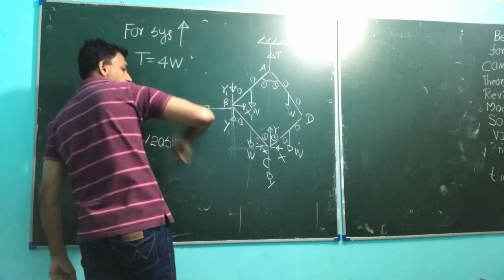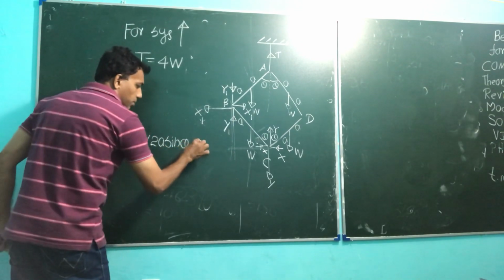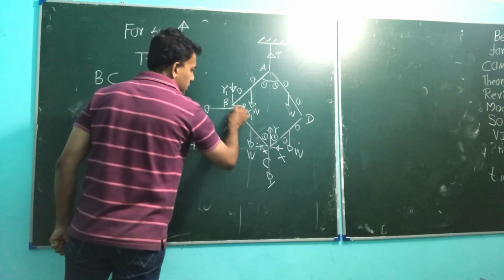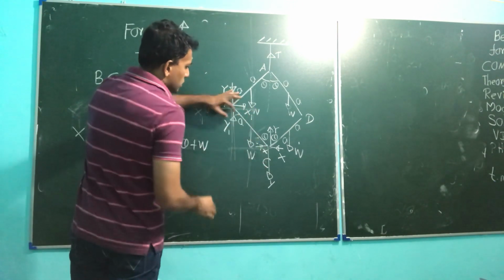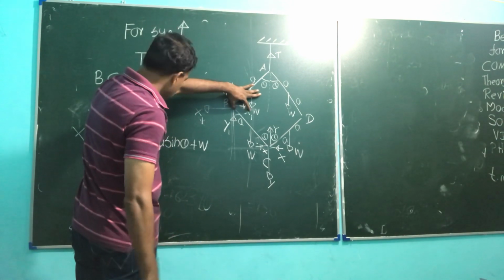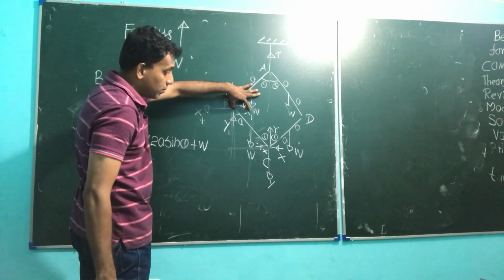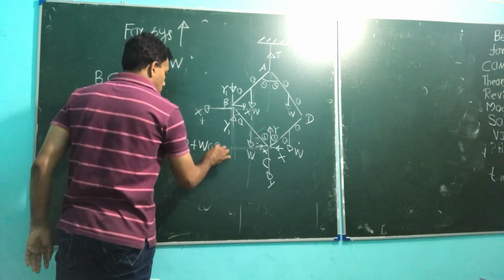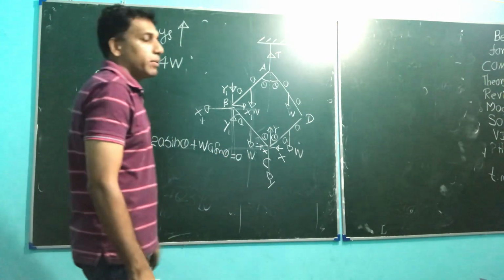This direction, I think Y and W are the same. Okay, plus W. What is the distance? Here theta, so a sin theta. Not 2a, 1a, since W is at the half. W a sin theta equals 0.